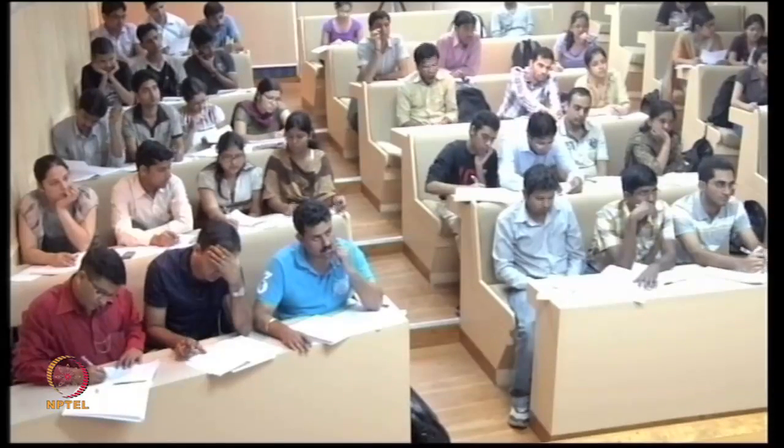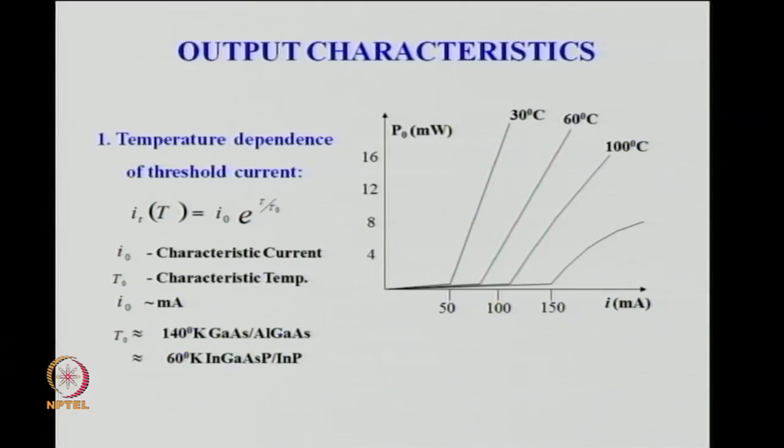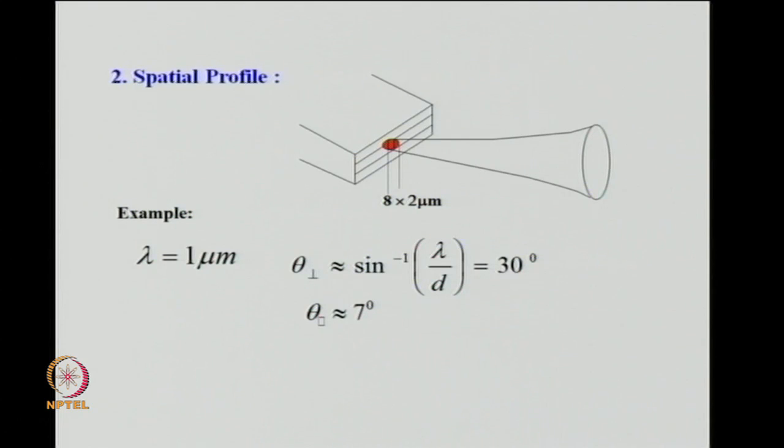Okay. So, output characteristics. This is the graph which we have discussed already, and this is the first one, temperature dependence of the current. The second one is the spatial profile of the beam that is coming out.